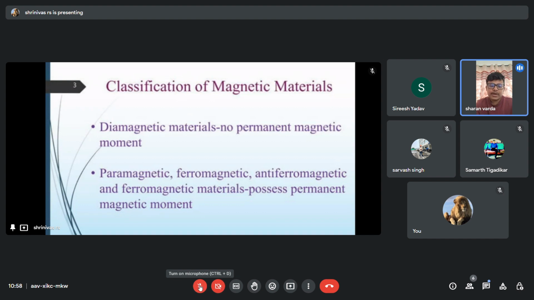To study the magnetic properties of materials, the material is usually placed in a uniform magnetic field, and then the magnetic field is varied. There are three major kinds of magnetic materials: diamagnetic materials, paramagnetic materials, and ferromagnetic materials.